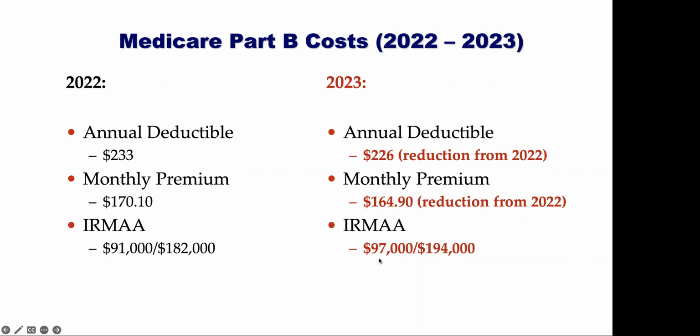For 2023, the limit is $97,000 for single filers and $194,000 for joint filers. If what is known as your modified adjusted gross income, which is your adjusted gross income plus any tax-free interest deductions added back in, exceeds this amount from 2 years ago, which is the tax return that the Social Security Administration looks at, you will be subject to the IRMA amounts, which I will show you shortly.